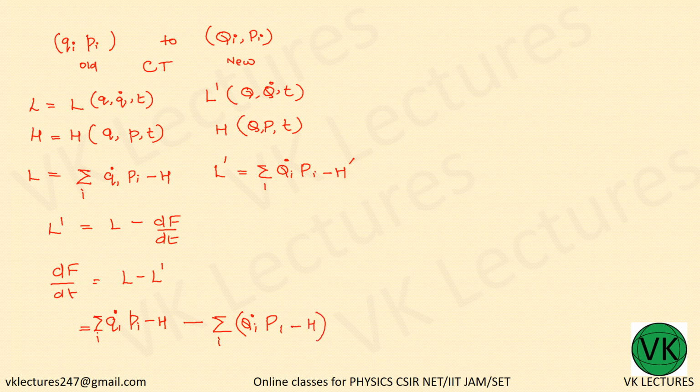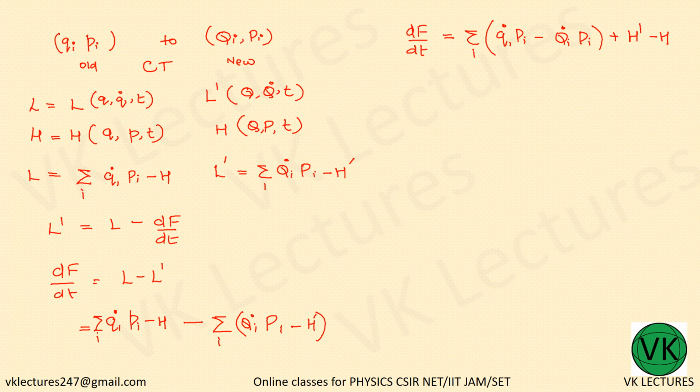So this gives us that df by dt is equal to the sum over i of qi dot pi minus capital Qi dot capital Pi, plus h dash minus h.